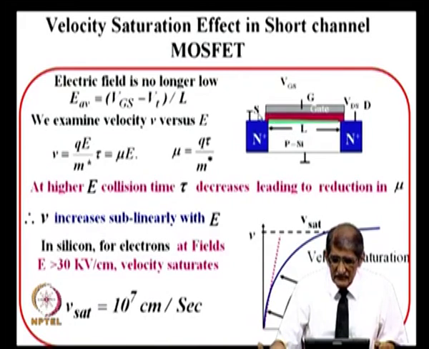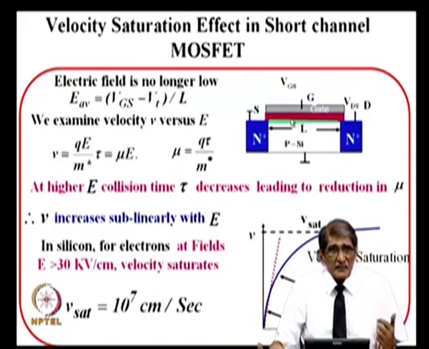Because of this change in charge, you also remember you wrote the current I_d is equal to Q into V, where Q is charge per centimeter square. When you move from the source to the drain, we took Q as varying, and we took velocity equal to mu into E, the electric field. That way you derived the equation.